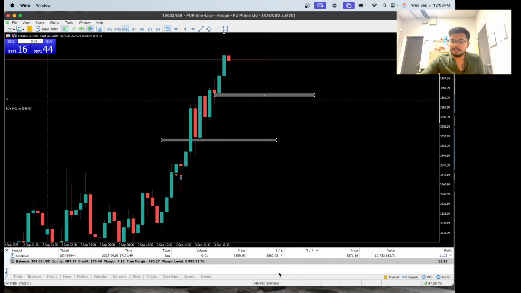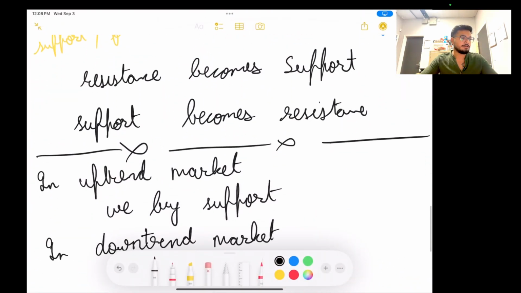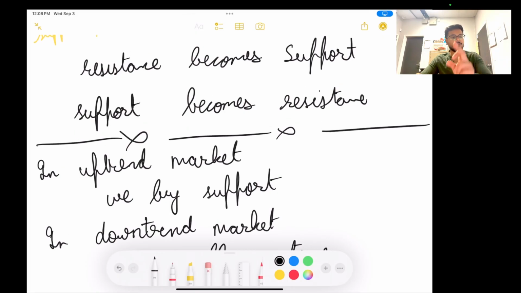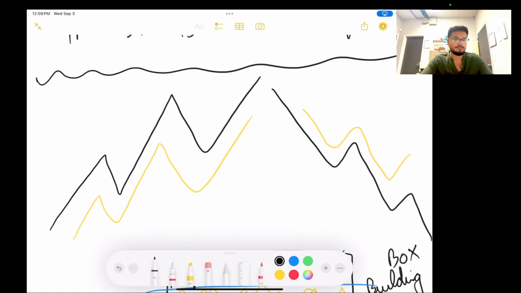Is there any last thing I want you guys to look at? Remember these 2 points that we discussed earlier, and I'll end it on that. Remember these 2 points. Resistance becomes support in an uptrend. What does that mean? This is an uptrend, you see.